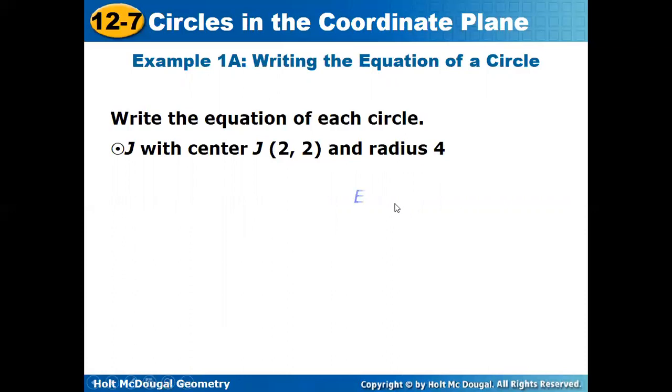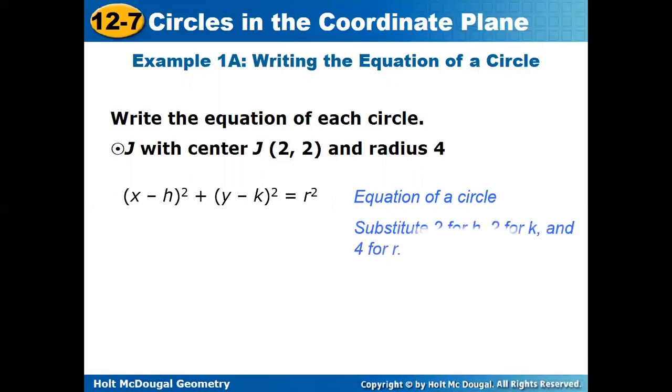Step number 1, write the equation of a circle, which is (x minus h) all power 2 plus (y minus k) all power 2 equals r power 2. Now, what is the second step? Substitute 2 for h, 2 for k, and 4 for the radius r. So the equation will be (x minus 2) all power 2 plus (y minus 2) all power 2 equals 4 power 2.